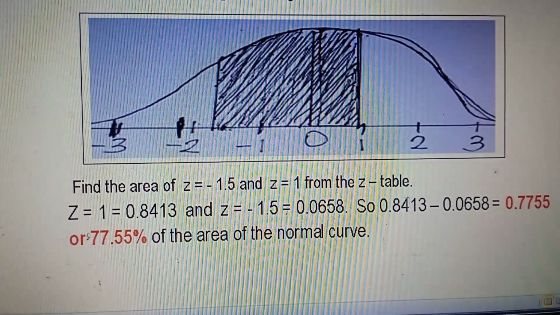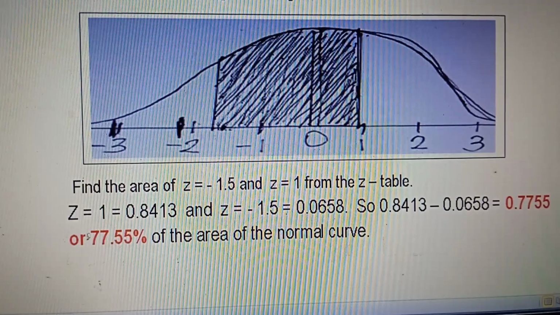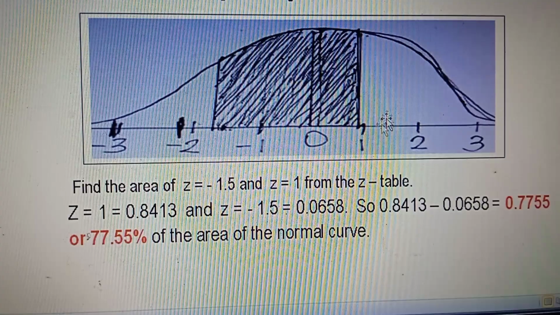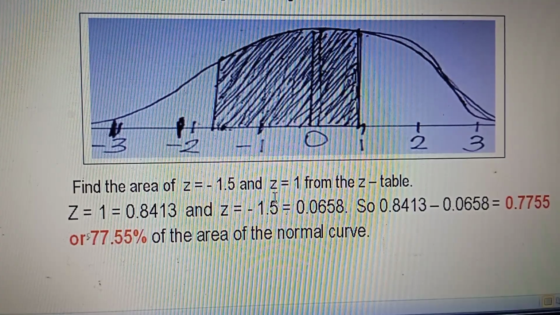So, 0.8413 minus 0.0668 equals 0.7745, so this area is 77.45% of the total area of the normal curve. Okay, so that is how to find the area of the normal curve between two values of z.